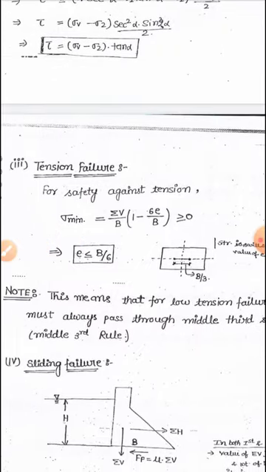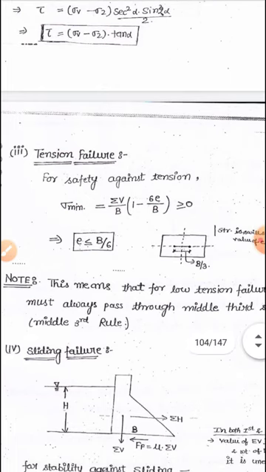When the resultant passes downstream of the middle third of the horizontal section, it introduces a tensile stress at the upstream edge of the section, and the tensile stresses may cause cracks in the dam section, which would result in an increase in uplift pressure.